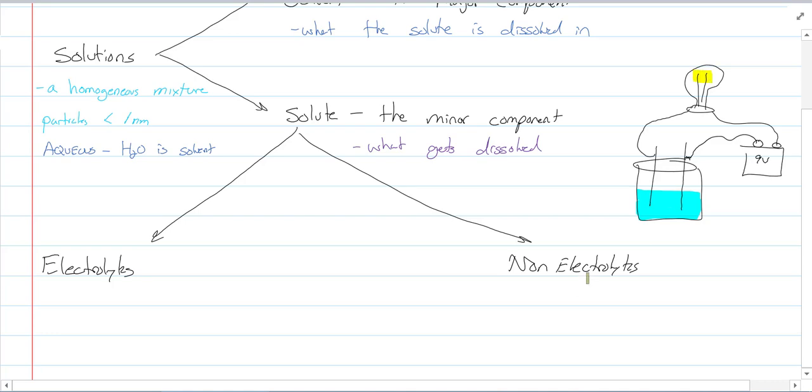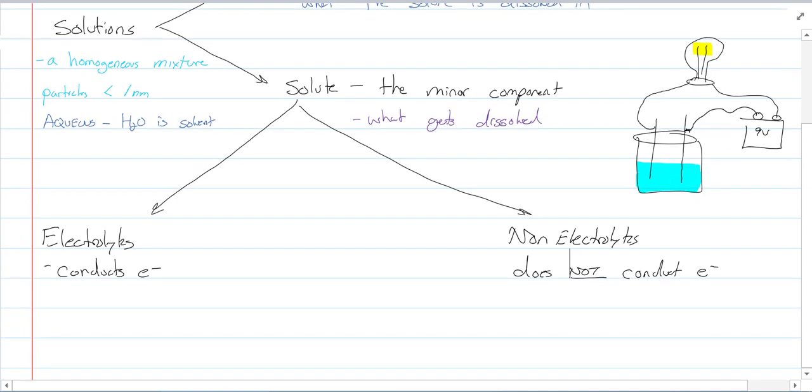So non-electrolytes, the light doesn't go on. Electrolytes, the light goes on. That's the difference. That's all that means. So this solution, this blue solution, either conducts electricity or does not conduct electricity. That's all that means.